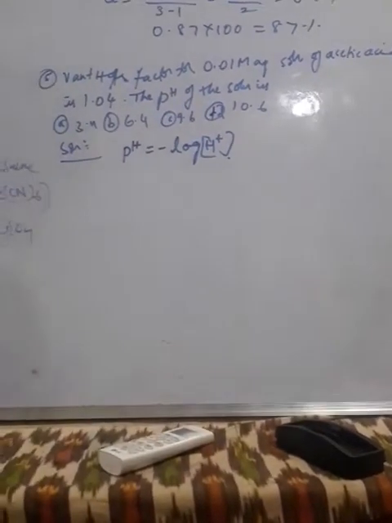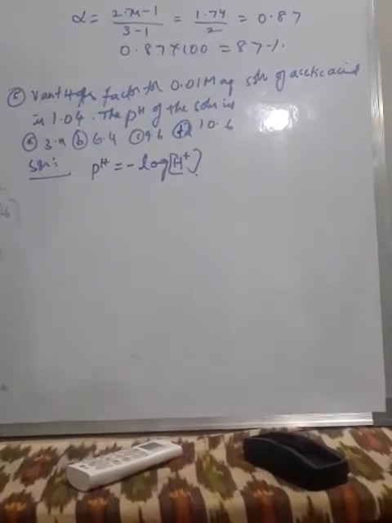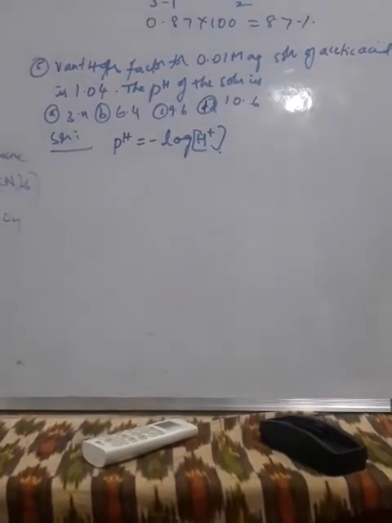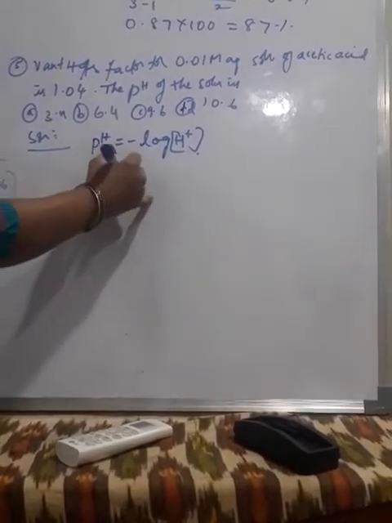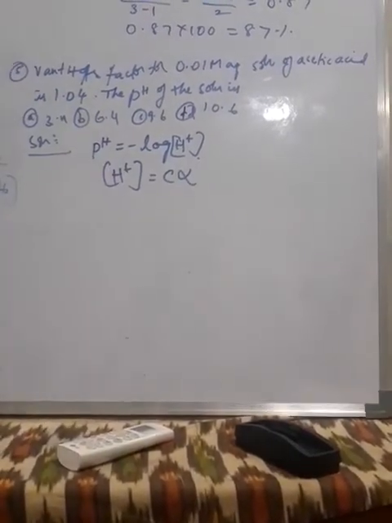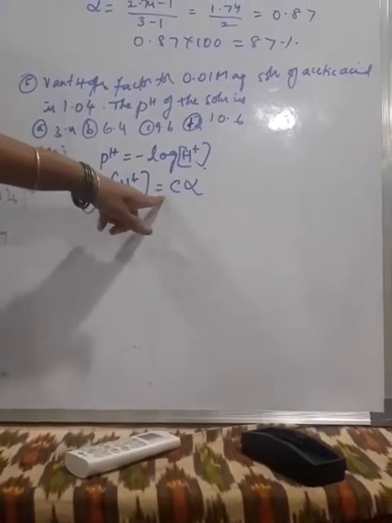To calculate H+ ion concentration in dissociation reactions by using degree of dissociation, we use formula H+ is equal to C alpha. What is C?